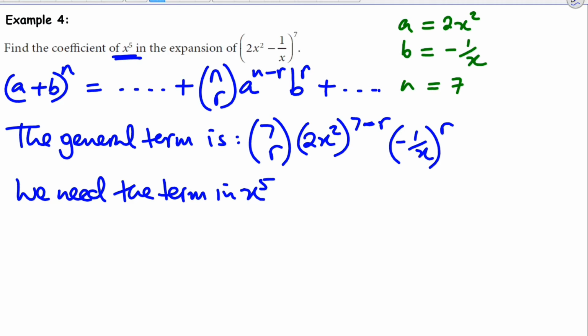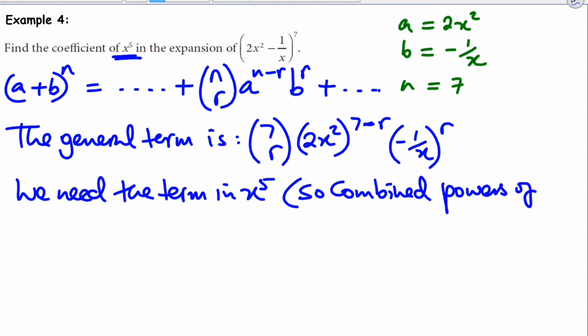If we combine all these powers, there should be 5 for that specific term. So we need to come up with a strategy on how we can do that.